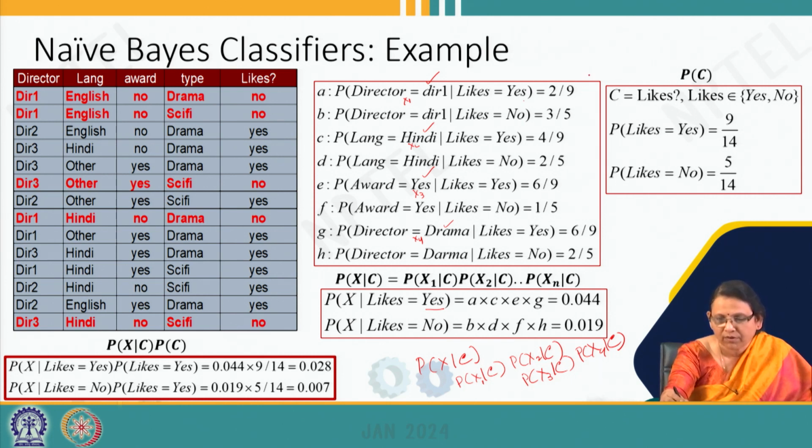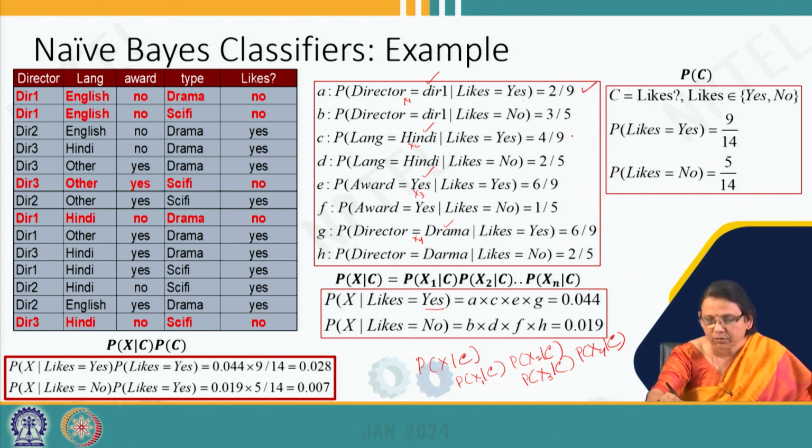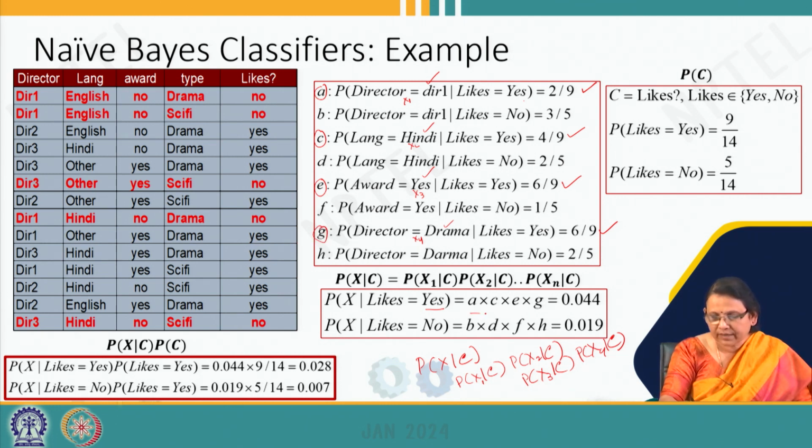Now you have found out, for all the positive values, when likes equal to yes, the value for the first attribute, second attribute, third attribute and fourth attribute. So A, C, E, G are getting multiplied and this is the value. Similarly, for likes equal to no, these values will be multiplied and you get this value.